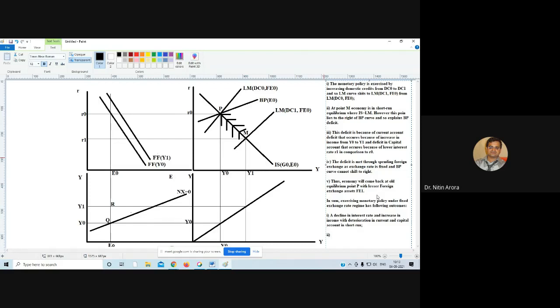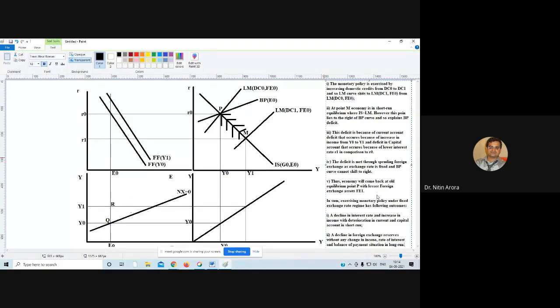Number two, a decline in foreign exchange reserves without any change in income, rate of interest and balance of payment situation in long run.